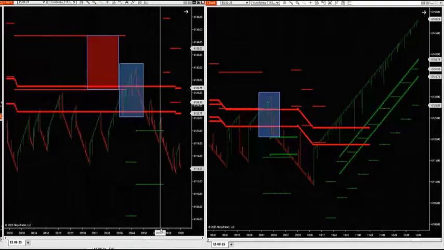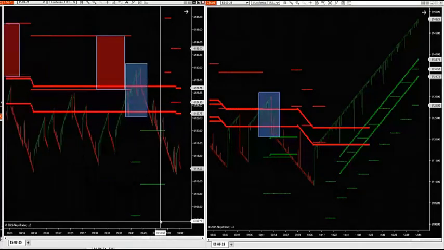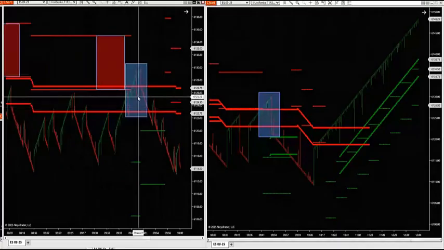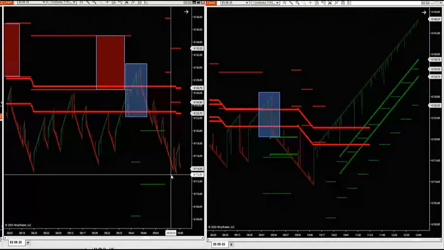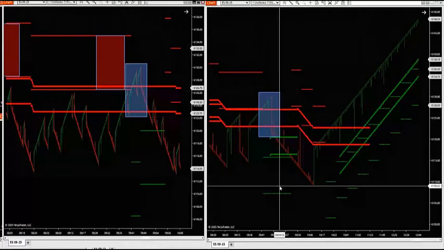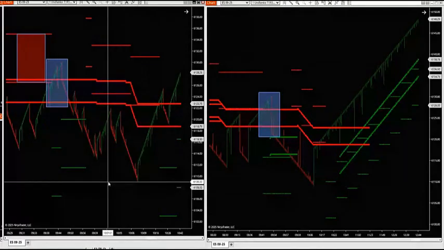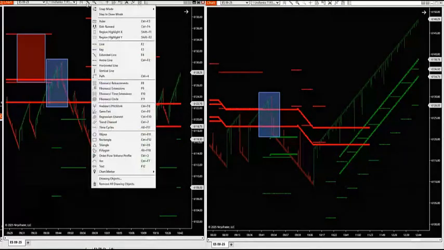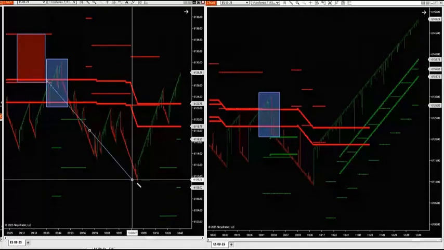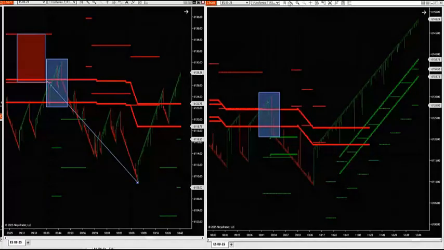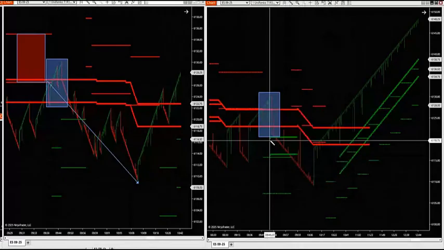The end result is the same on the move. The move is all the way down to 13, and the move is all the way down to 09. So you're looking for the same move out of the zone. The biggest difference is that you use a larger Renko size.